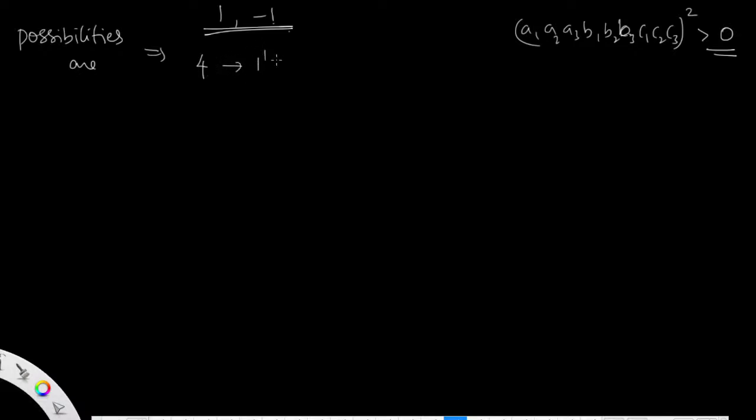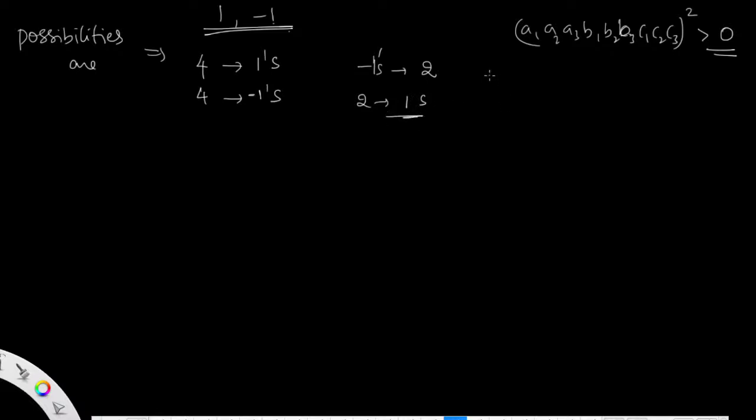Four ones, one can be applied once, and four ways as minus ones, and then 2 can be applied by using the minus ones, we can get 2, and 2's we can get 1's.